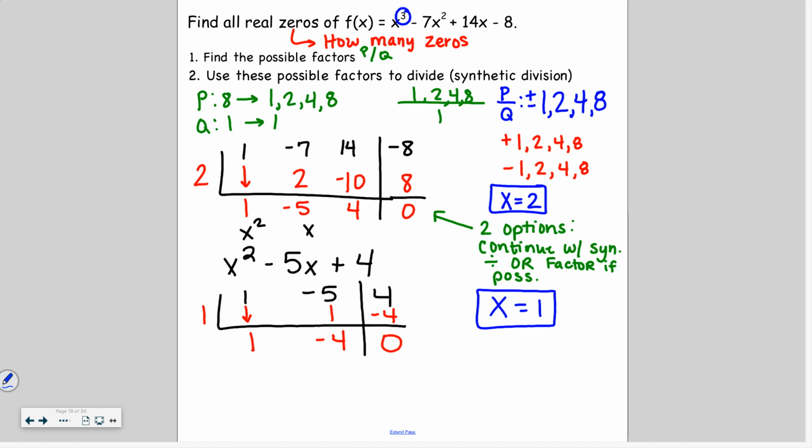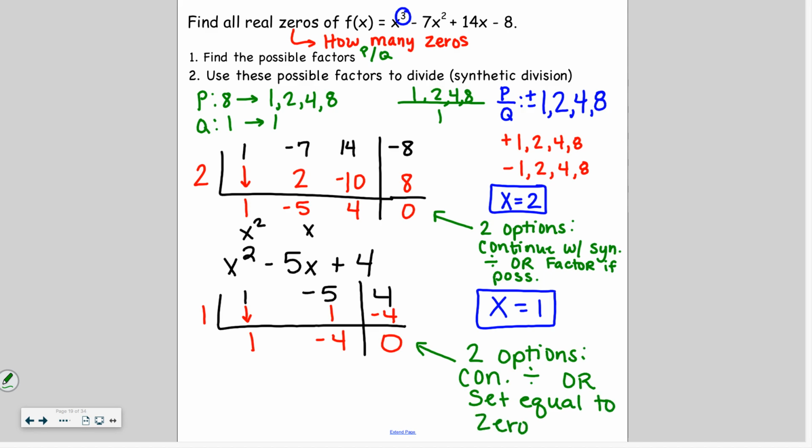Again, we have two options right here. Okay? So two options. We can continue with the guess and check, so continue dividing. Or when we are to this point, we can set it equal to 0 and solve it.